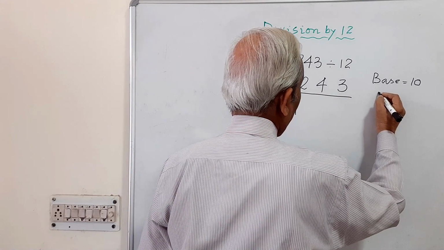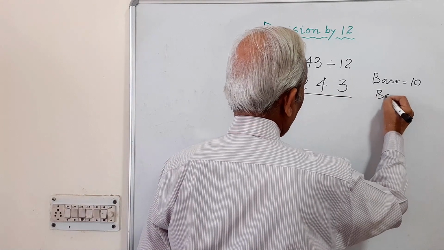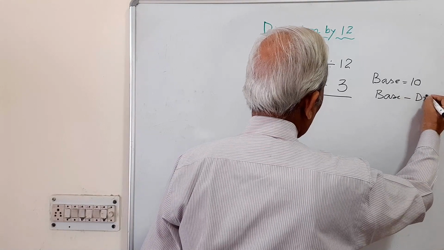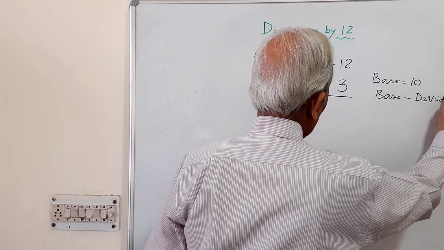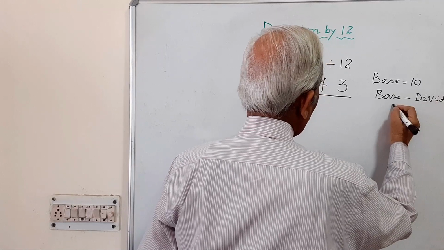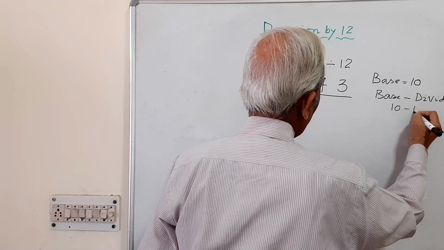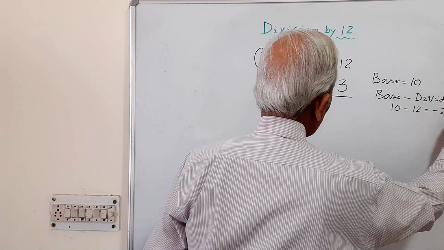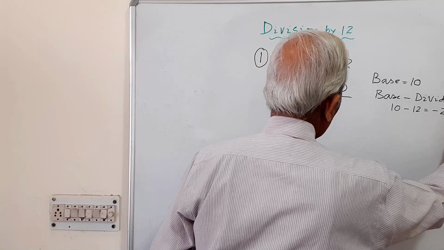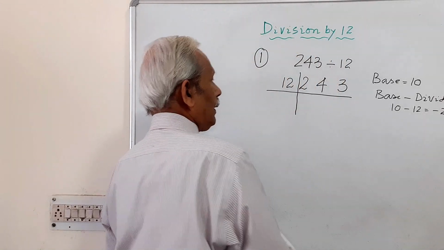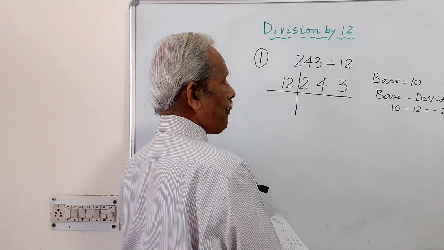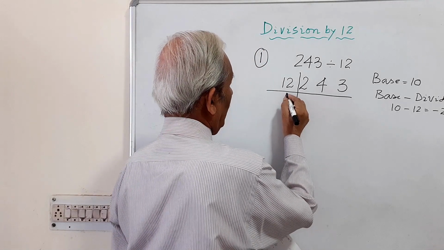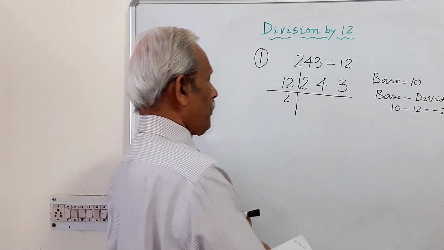We write base minus divider, which is 10 minus 12, which is equal to minus 2. This minus 2 can be written as 2 bar, as we have learned in the concept of bar. So below this, write down 2 bar.